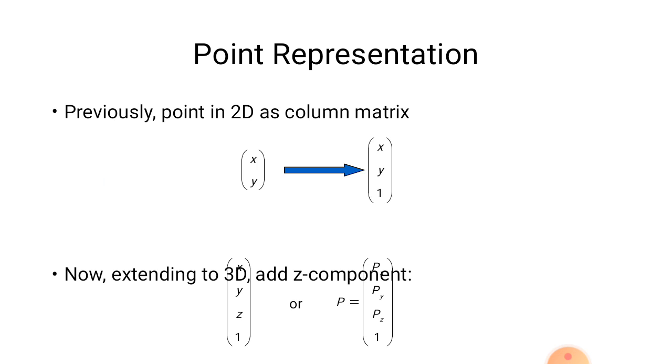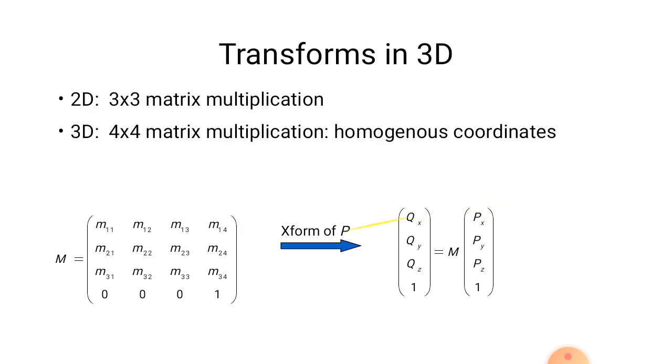A point in 2D is represented as the column matrix x y 1. Now extending to 3D with the z component, we have x y z, that is the point representation, which is indicated as px, py, pz and 1.